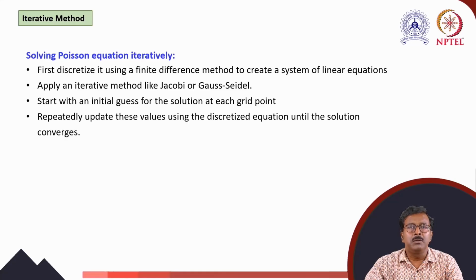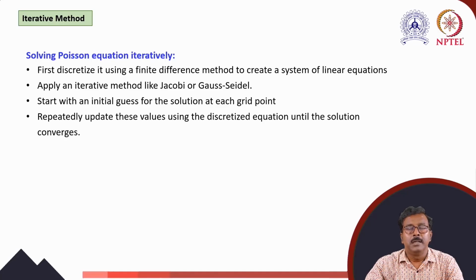Then, based on the equations, the linearized equations, we have to repeatedly update the values using the discretized equation until the solution converges. Converge means that when the value of any particular node does not change significantly from the last iteration, we have to stop. So that is the condition for convergence.